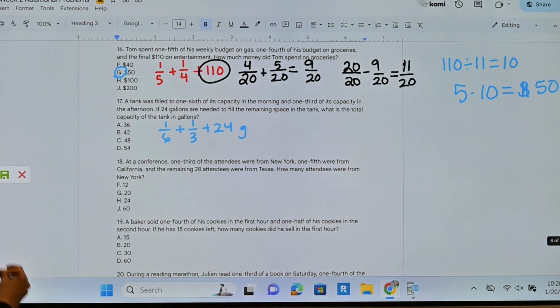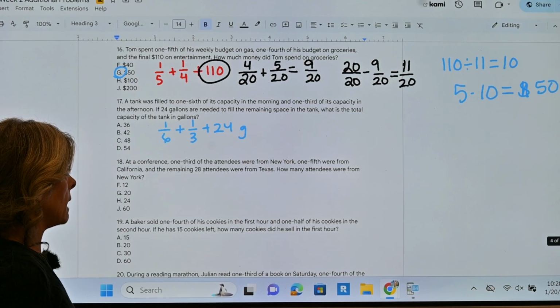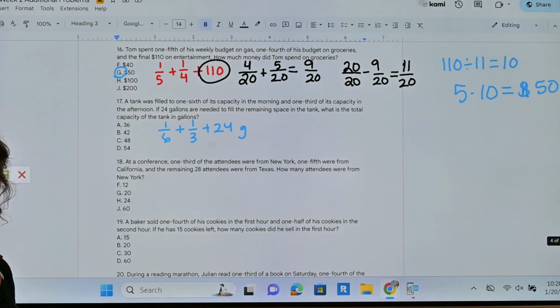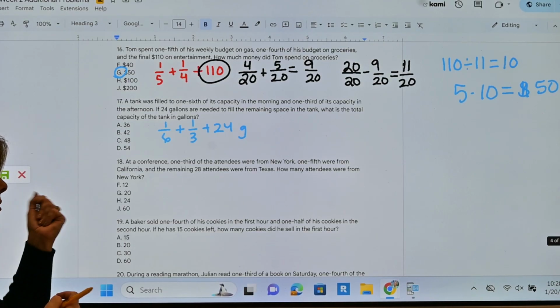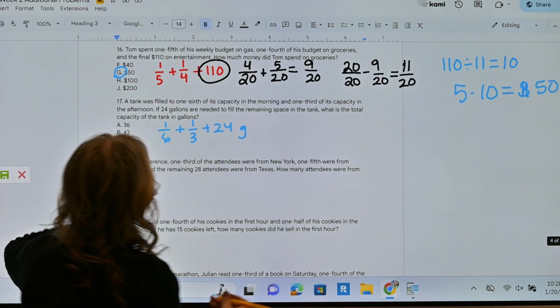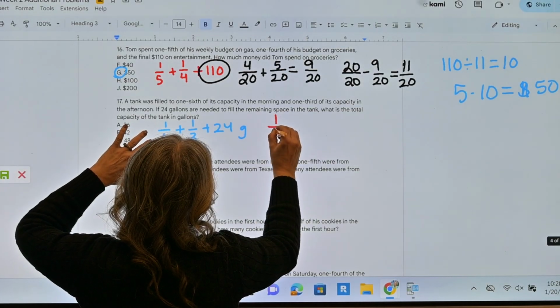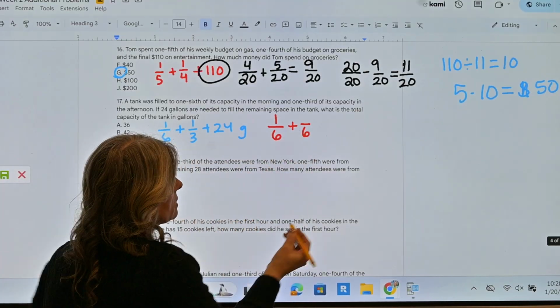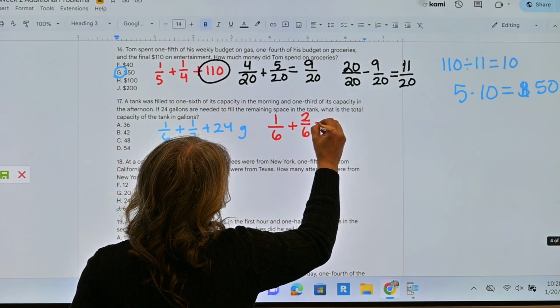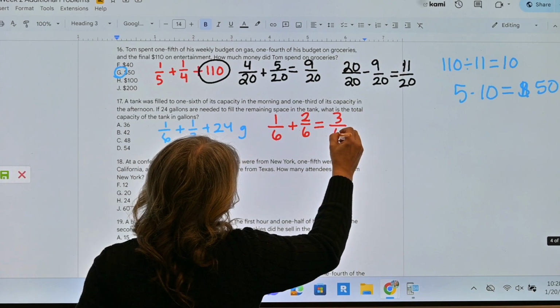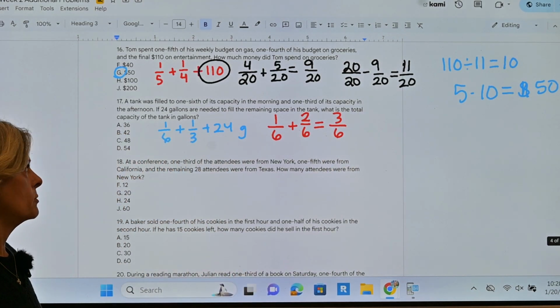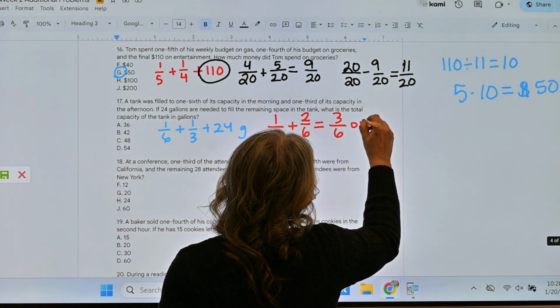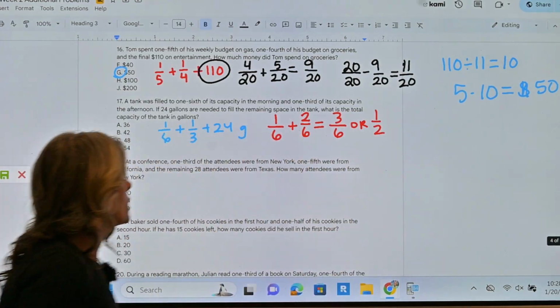What would your common denominator be here, you guys? Actually, you could do 6. I did 12 earlier. I like 12 because that's what I used, but now that we're looking at it, you could use 6, right? So we've got 1/6 if we're keeping 6, plus 3 goes into 6 2 times, correct? So that's 3/6. What is 3/6 if I were to reduce that? 1/2, right?